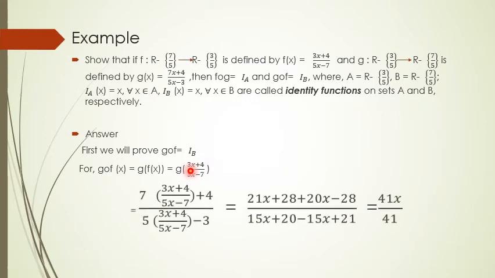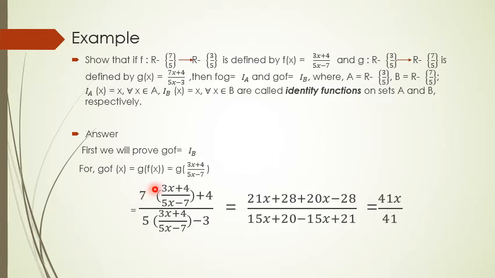Now when we substitute, instead of x, we will write this big number. So it is 7 into, instead of x, we put (3x+4)/(5x-7), then plus 4, divided by 5 into (3x+4)/(5x-7) minus 3. Here we will apply cross multiplication and cancellation.